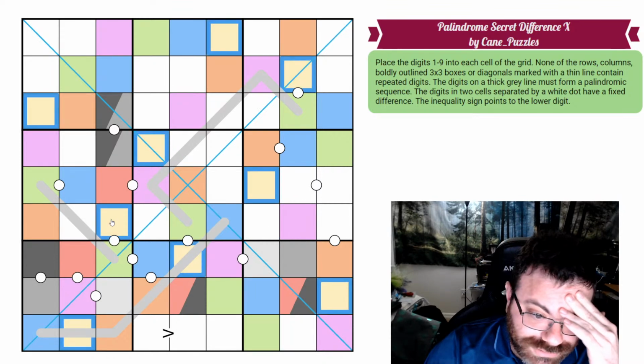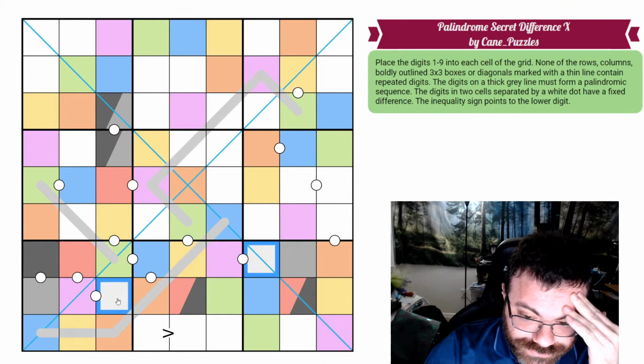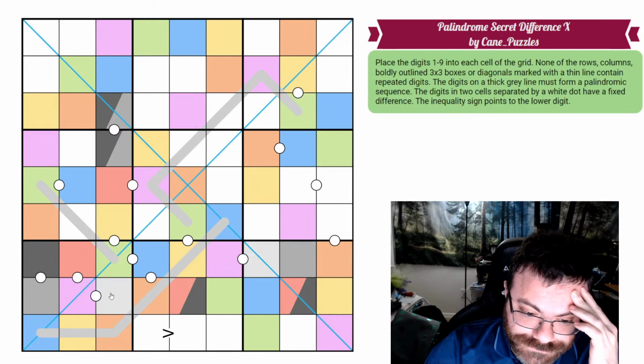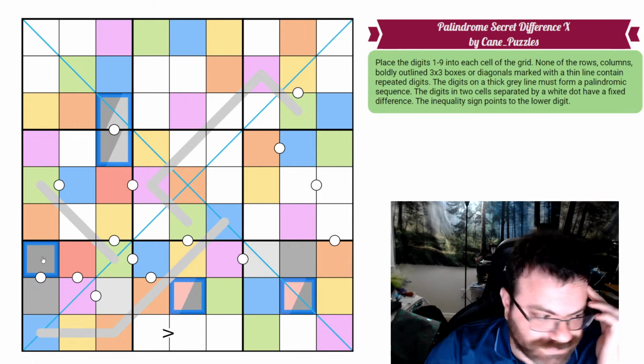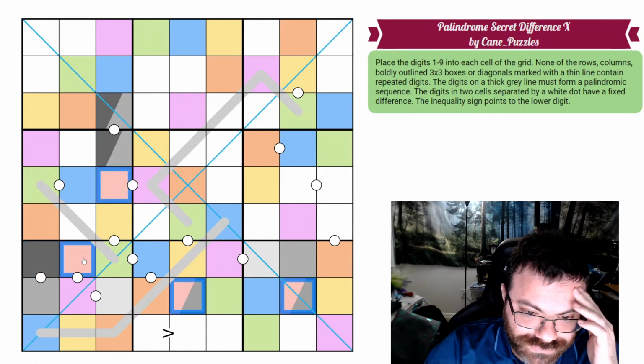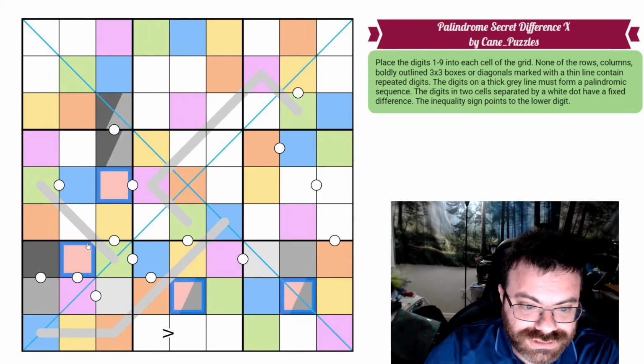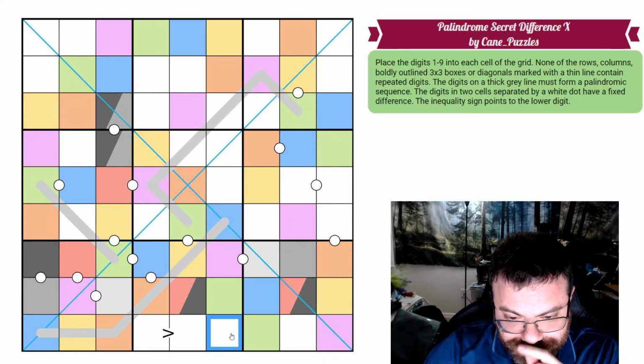Are yellows done? Yeah, so what do we need? Light gray has nothing. Reds. We don't actually know.